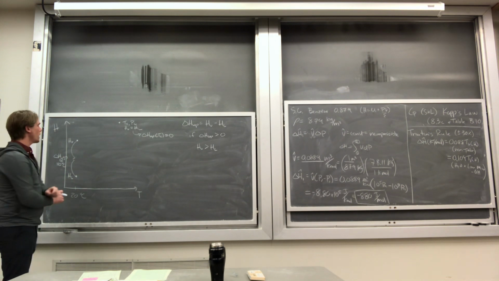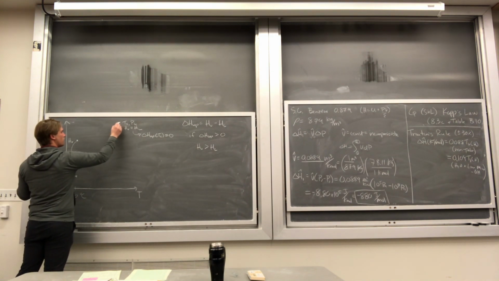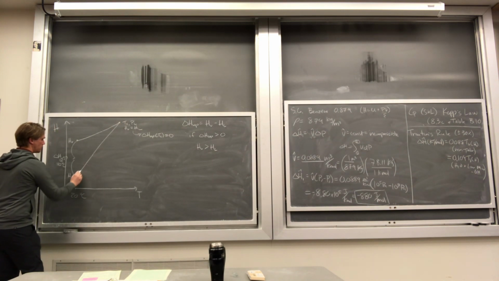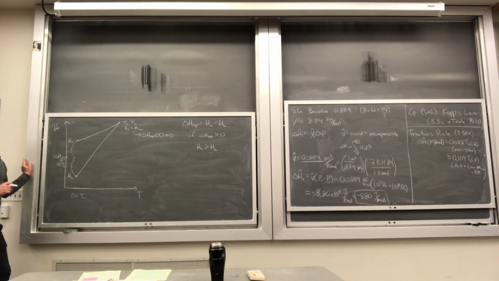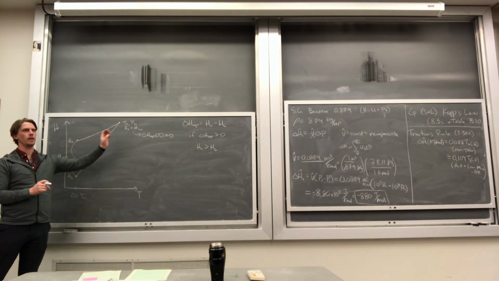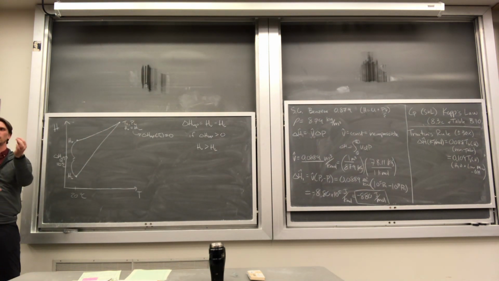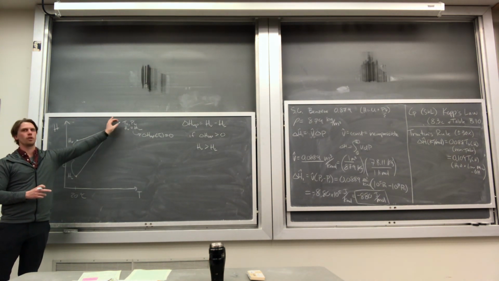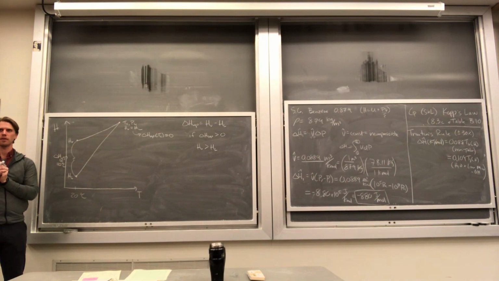Decrease, right? So I can just connect these dots as an approximation. As I get closer to the critical point, it gets easier and easier to boil or vaporize my fluid because the properties of the liquid and vapor slowly get closer together.